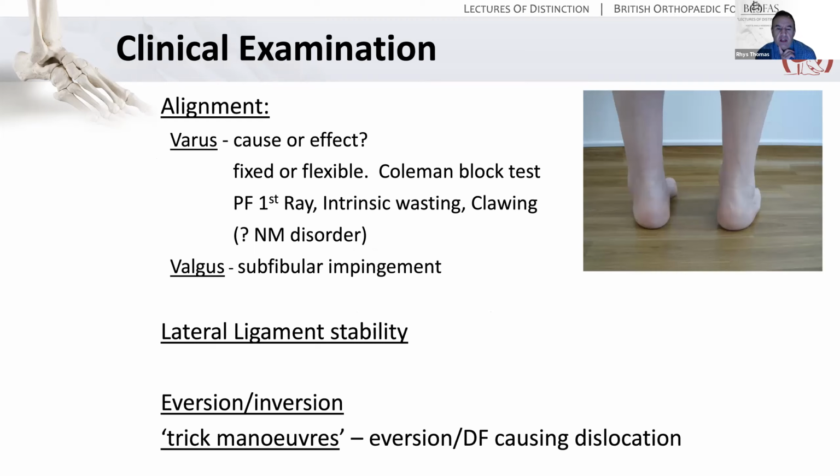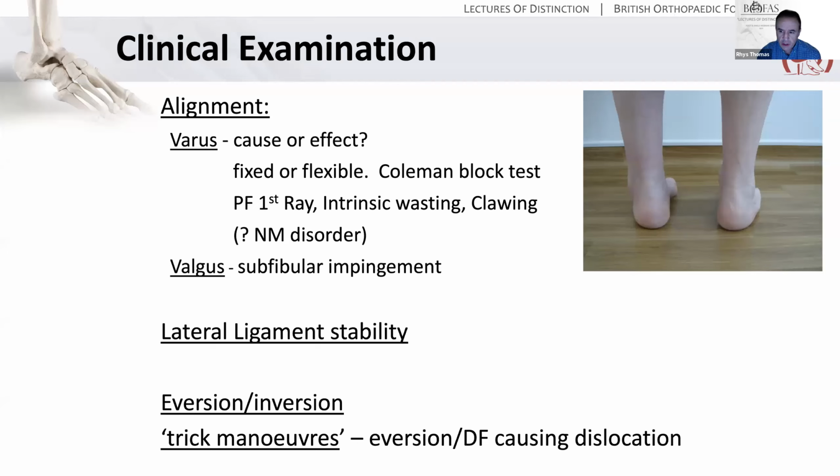So when we come to clinical examination, obviously there are a variety of things that we're looking for in regard to tendon pathology itself, but also mainly overall alignment of the lower leg. In the majority of patients who have problems with the peroneal tendons, they will have a degree of varus.